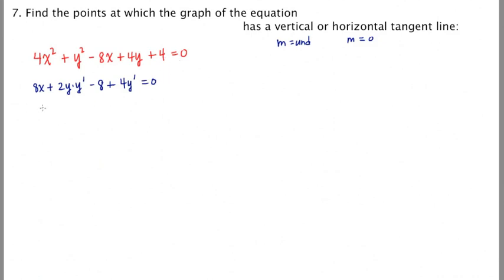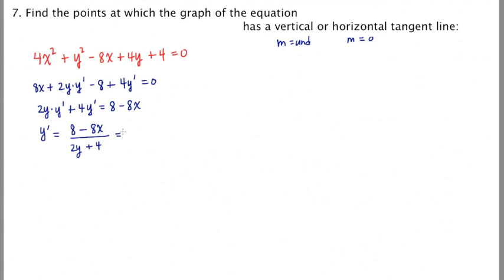Having our dy/dx party, or our y prime party, we end up getting 2y y prime plus 4y prime is equal to 8 minus 8x. Factoring out the y prime and dividing, we get y prime equals (8 minus 8x) divided by (2y plus 4).